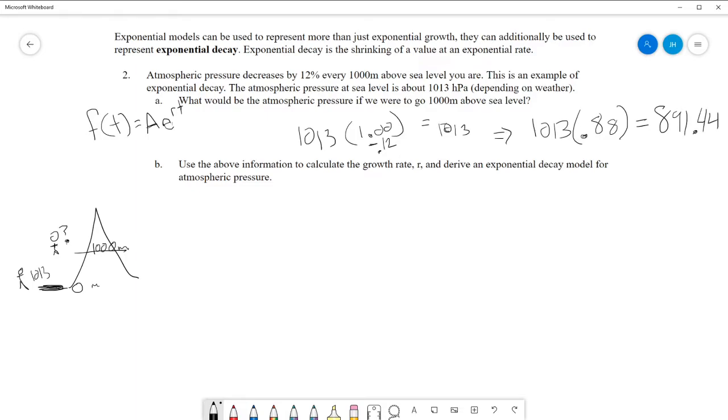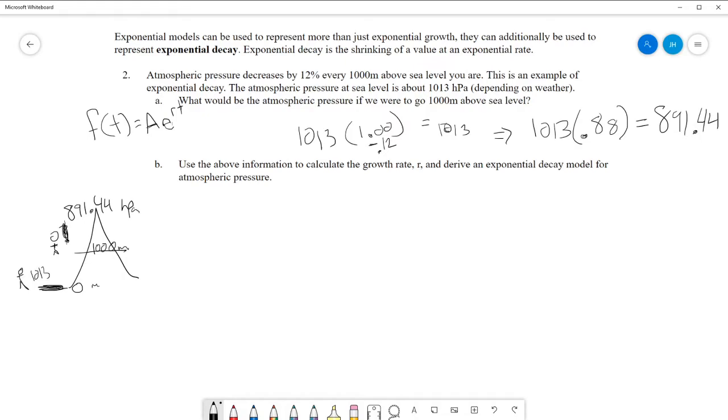So what that means is that the atmospheric pressure here at 1,000 meters above sea level is 891.44 HPA. And HPA is just a unit of measurement for atmospheric pressure, right?